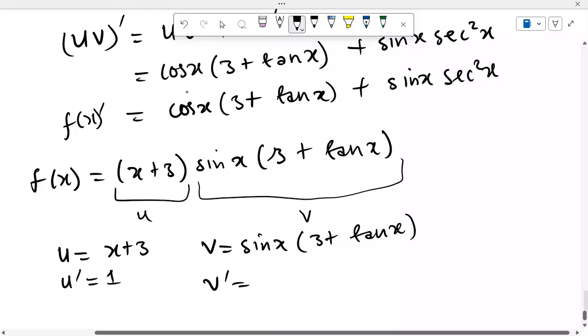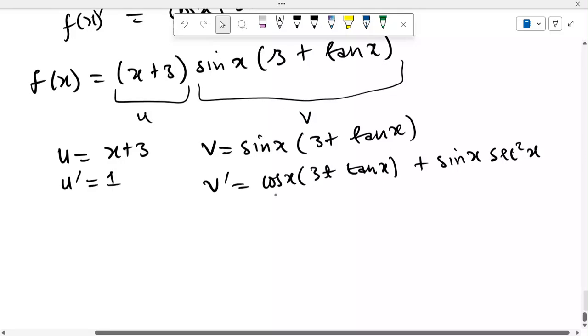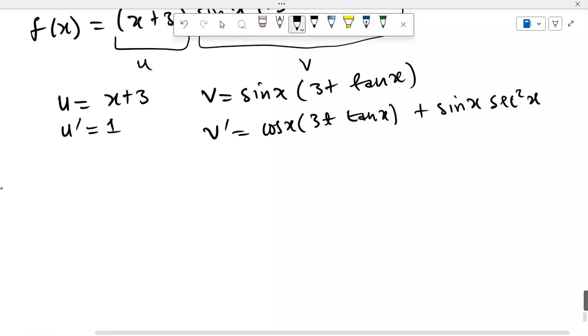Don't forget this function we were differentiating. This is what is v prime. So v prime is cos x (3 plus tan x) plus sine x sec squared x. So now we have everything we need.